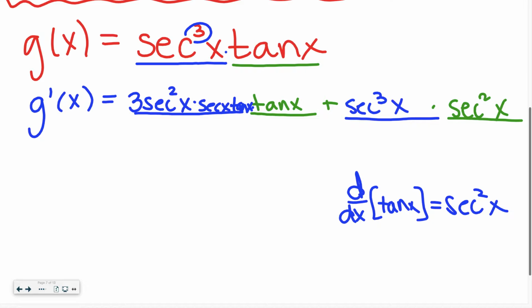Okay, we're on the same page. And that's why it's important. I know we're still learning our trig derivatives, but if we don't know them off the top of our head, this problem sucks. I mean, there's no other way to put it.